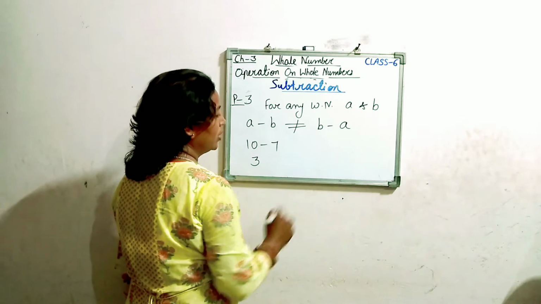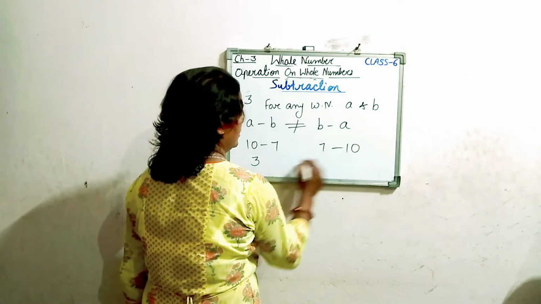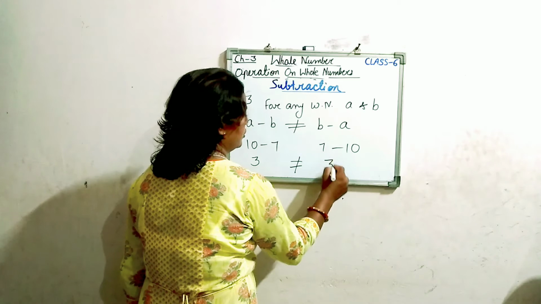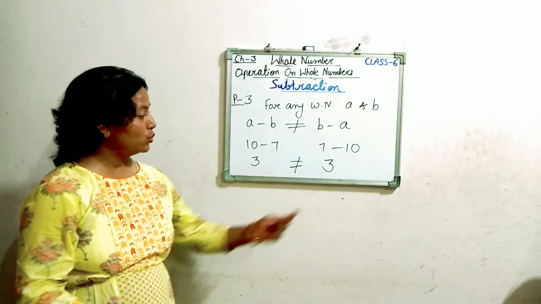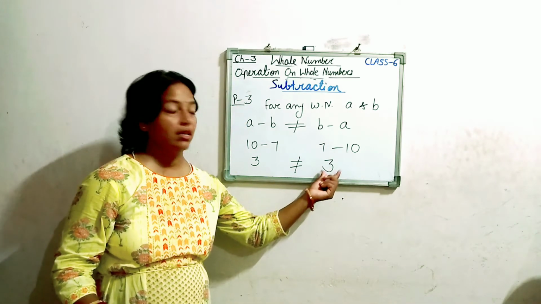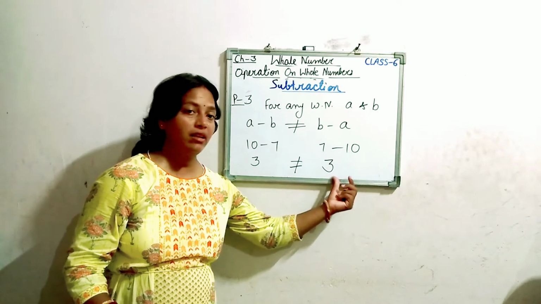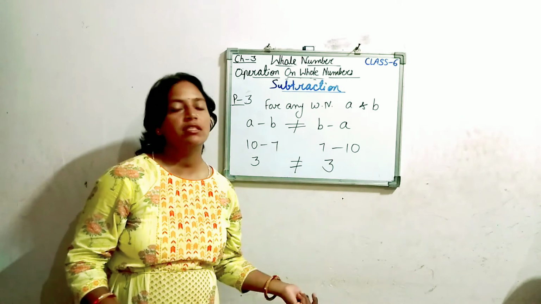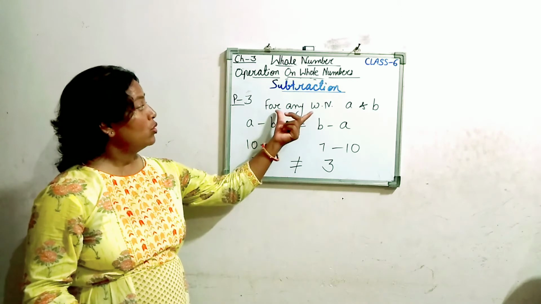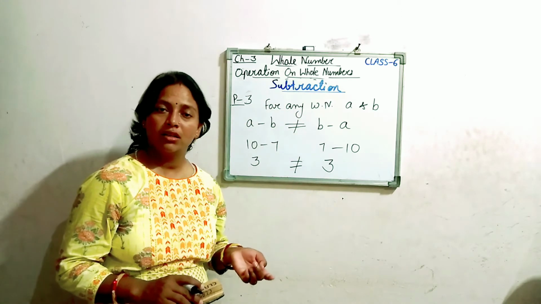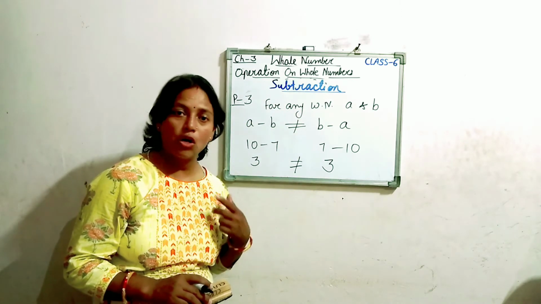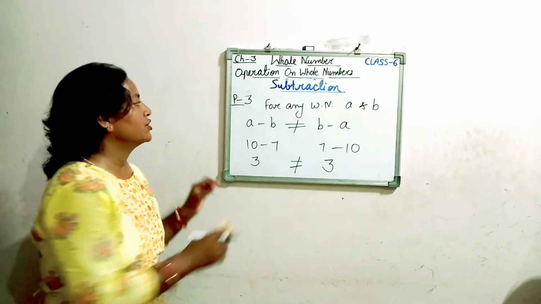Here I am changing the order. 7 minus 10 is not equal to 3. Students, this is minus 3. 7 minus 10 is minus 3, which we will read in the integers chapter. So property number 3, the commutative property, also fails for subtraction.